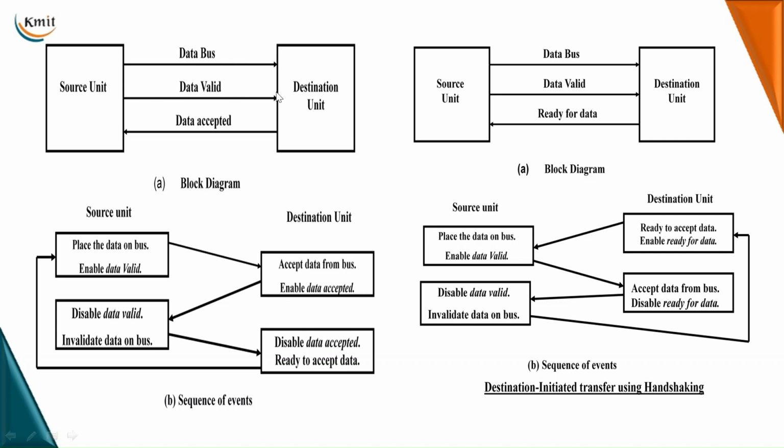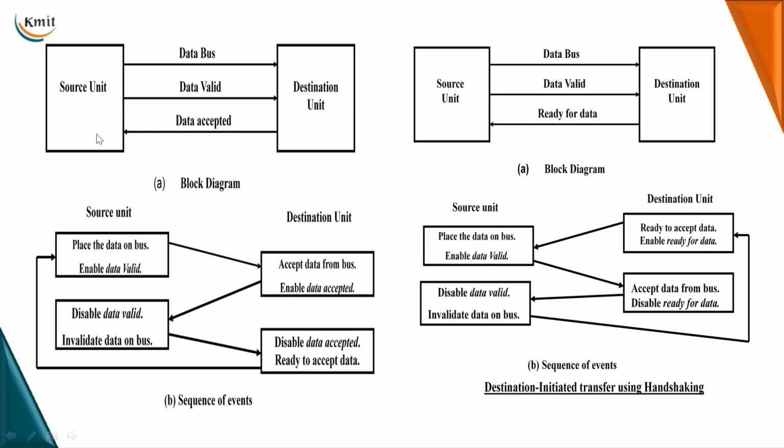Whenever the data valid line is enabled, the destination unit understands that valid information is placed onto the data bus. At the receiver side, the destination unit will accept that data from the bus, and it will send an acknowledgement with the help of a special control signal, which is called the data accepted signal. So it will enable the data accepted line.